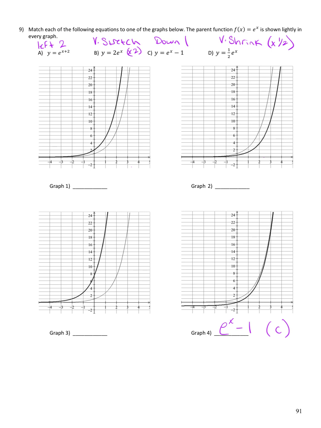Okay, so let's look at my vertical stretches. The original function should have a y-intercept of 1. When we do a vertical stretch, the y-intercept is going to double. So instead of being at 1, it's going to be at 2.